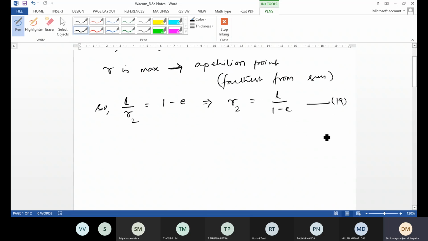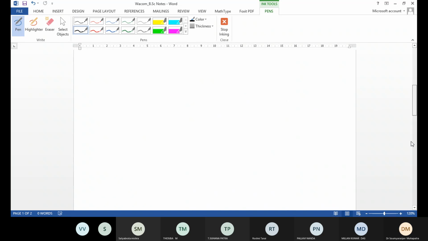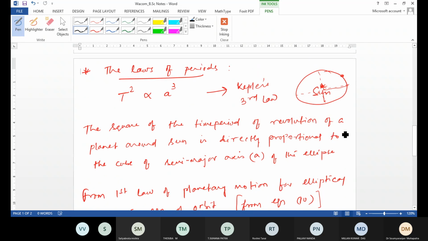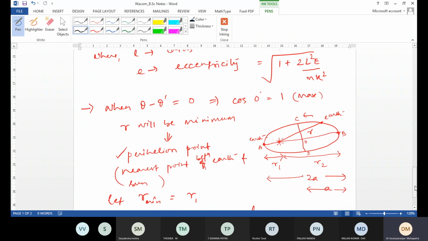So from these two equations, R1 and R2, if I take the sum, adding R1 and R2, what will you get? R1 plus R2 is nothing but the complete distance, that is 2A. Look at this figure. It is 2A, isn't it?